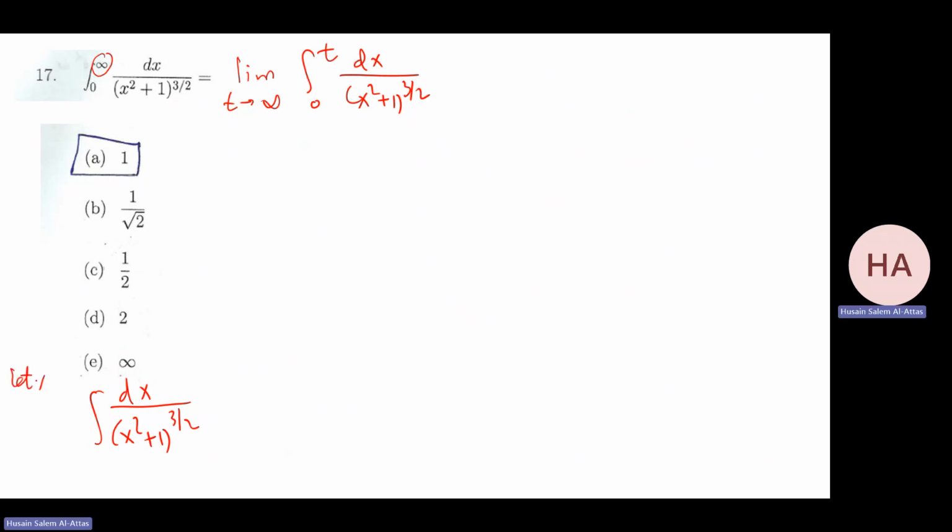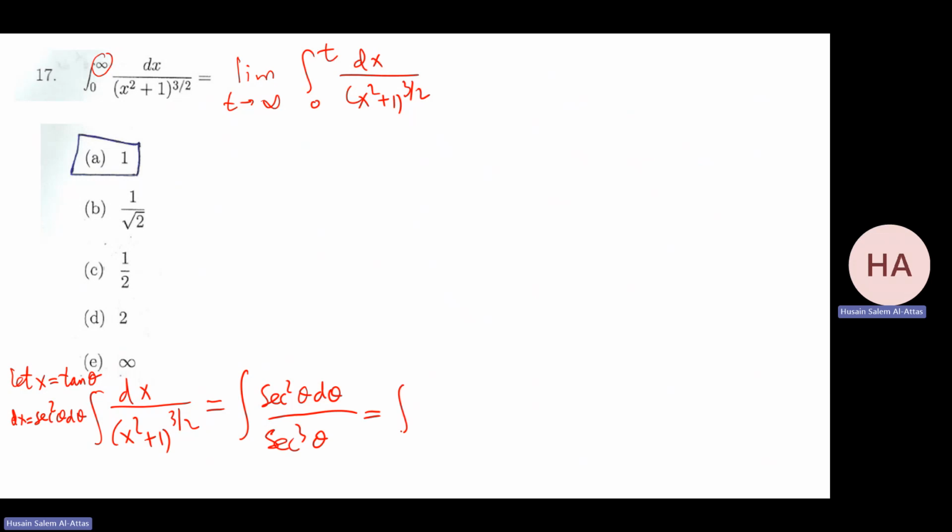Clear, it's trig substitution. I will take x equal tan theta, so dx will be secant squared theta d theta. So this integration will be secant squared theta d theta over (tan squared plus 1, which is secant squared) to the power 3 over 2, so that will be secant cubed theta.